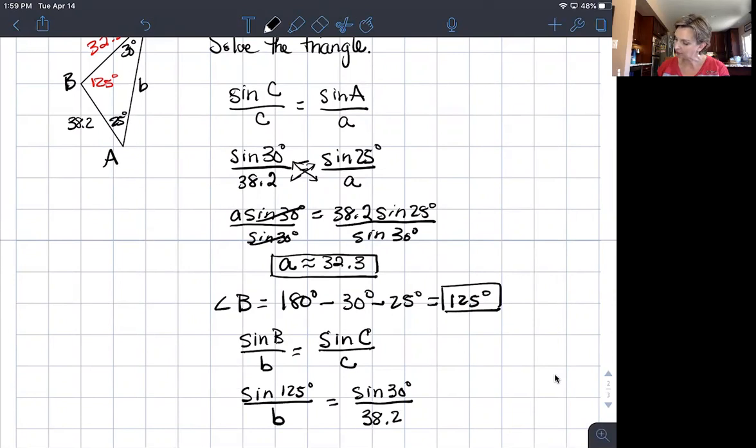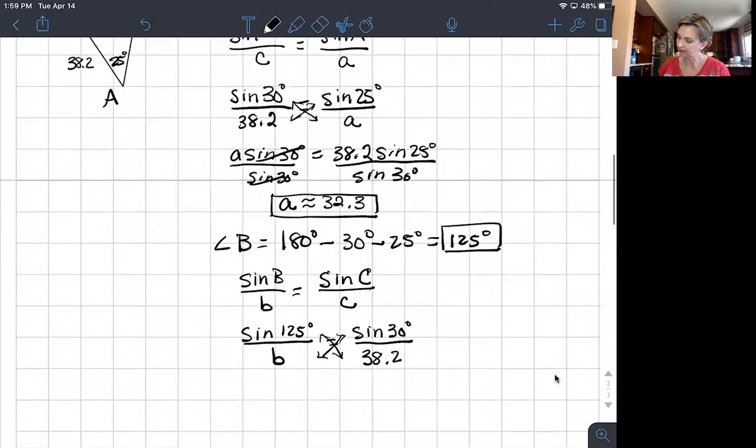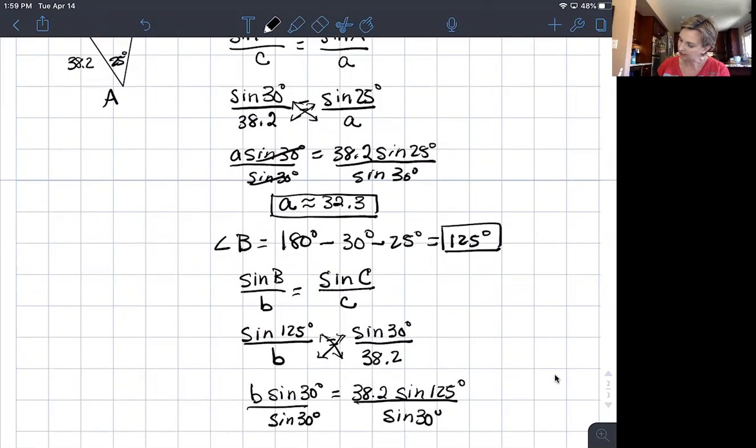Now to solve for B, you just cross multiply. So B sine 30 degrees is 38.2 times the sine of 125 degrees. See how easy it is to use the law of sines? Cross multiplying is great and easy to do. And then divide by the sine of 30.